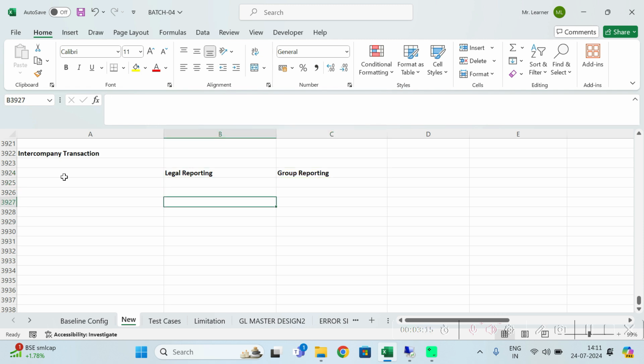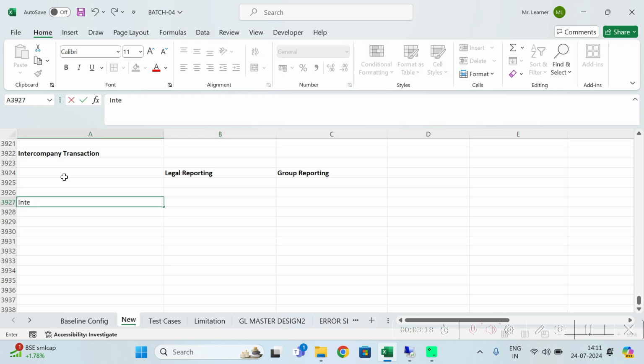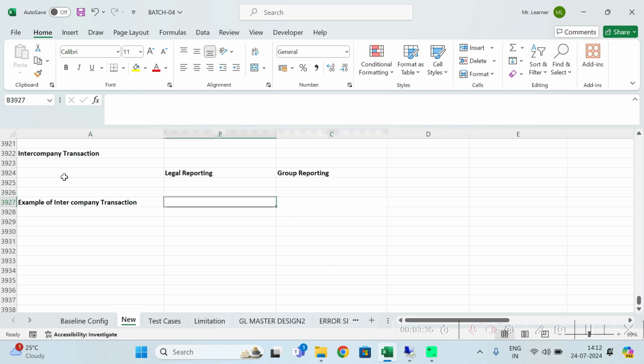Let me give you an example of an intercompany transaction. Let's say I have two company codes.